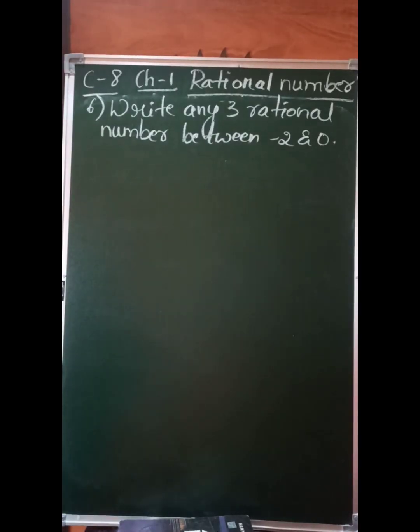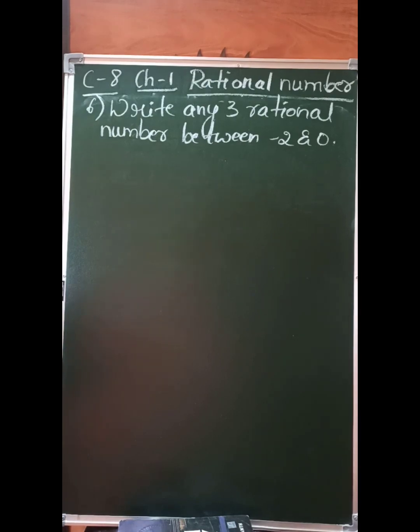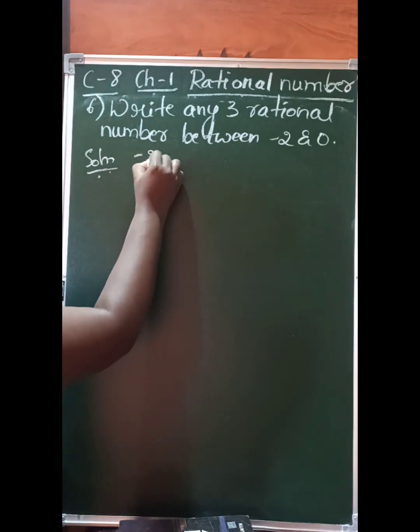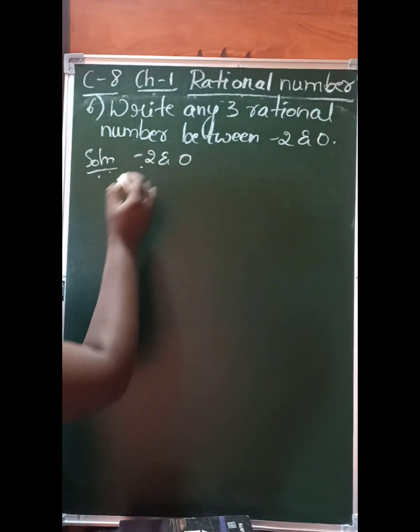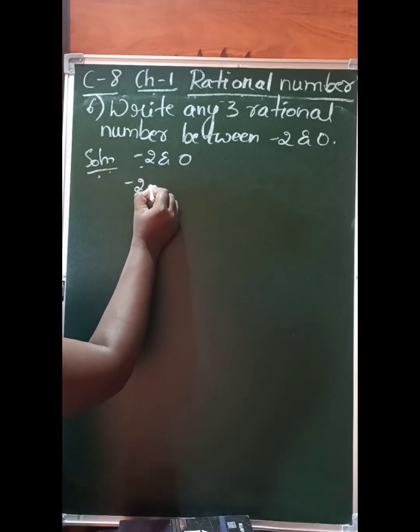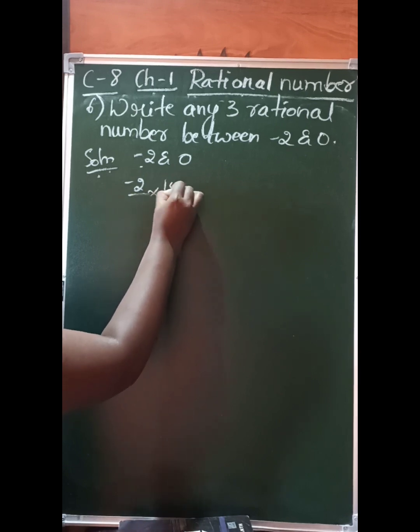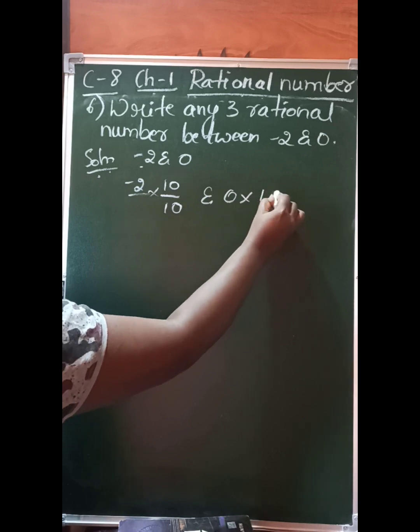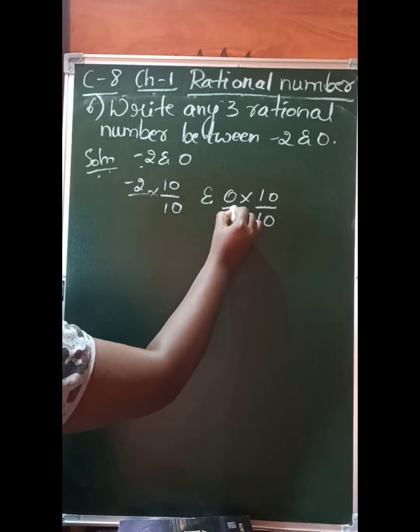So the next problem is write any three rational numbers between minus 2 and 0. So how to solve this one? Consider the given numbers, that is minus 2 and 0. So minus 2 we can write it as multiply 10 to both the numerator and denominator, as well as multiply 10 to both numerator and denominator.